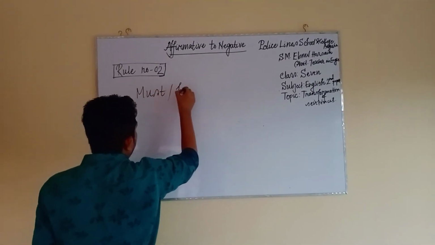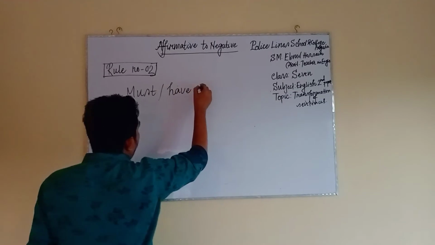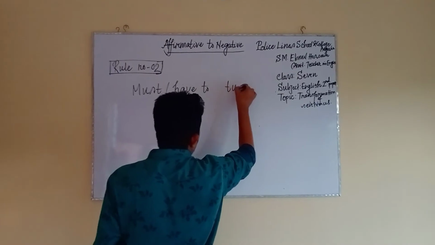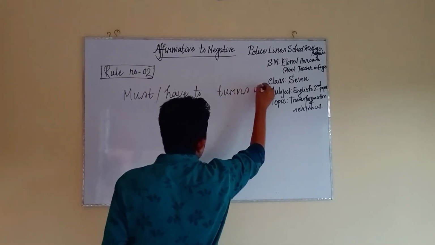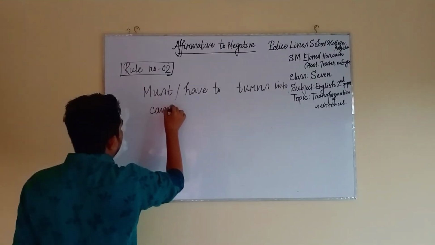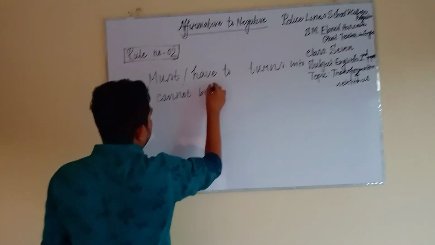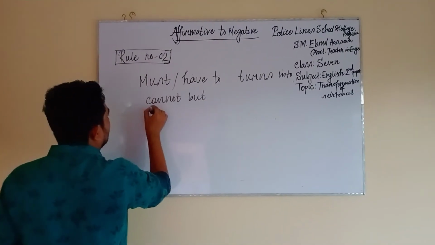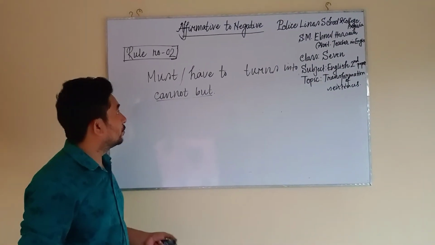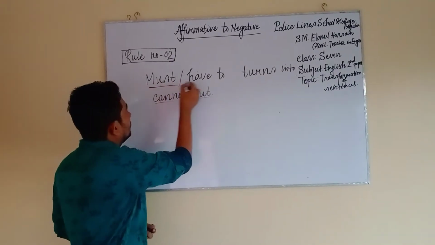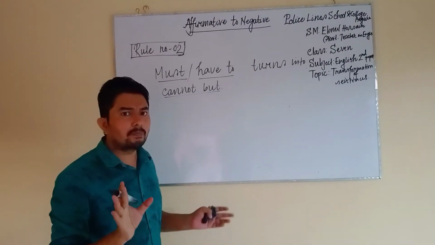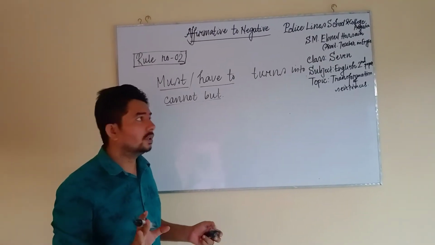Must, have to, turns into cannot but. Please look at the board carefully, that must and have to, these are the words that denote the compulsion, that means obligation.